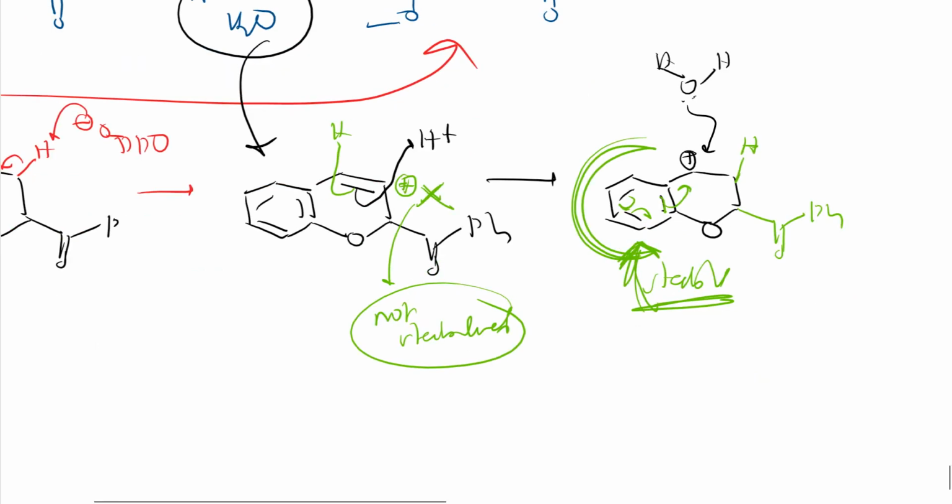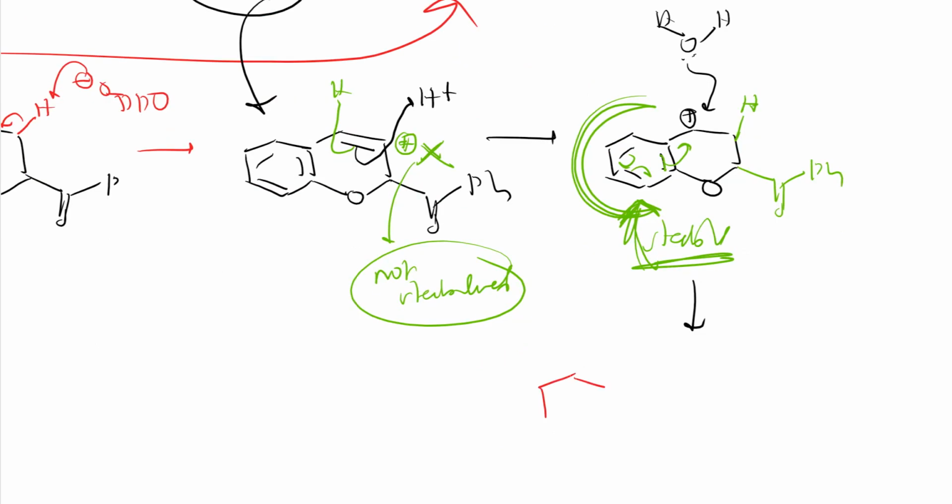So if I want to write the product directly, see here. Water attacked here, OH, H is there, like this, with the benzene ring. Now DDQ, as I have told, will convert alcohol to ketone. So what will DDQ do?